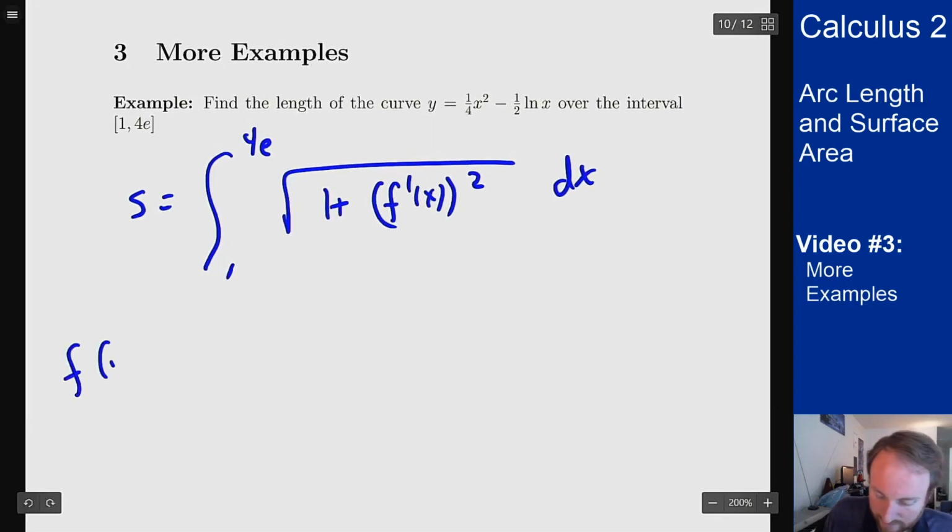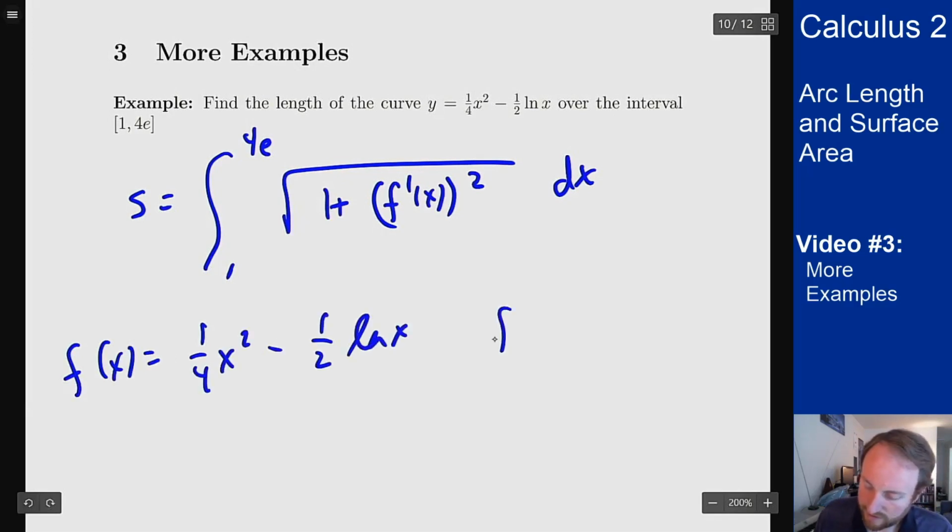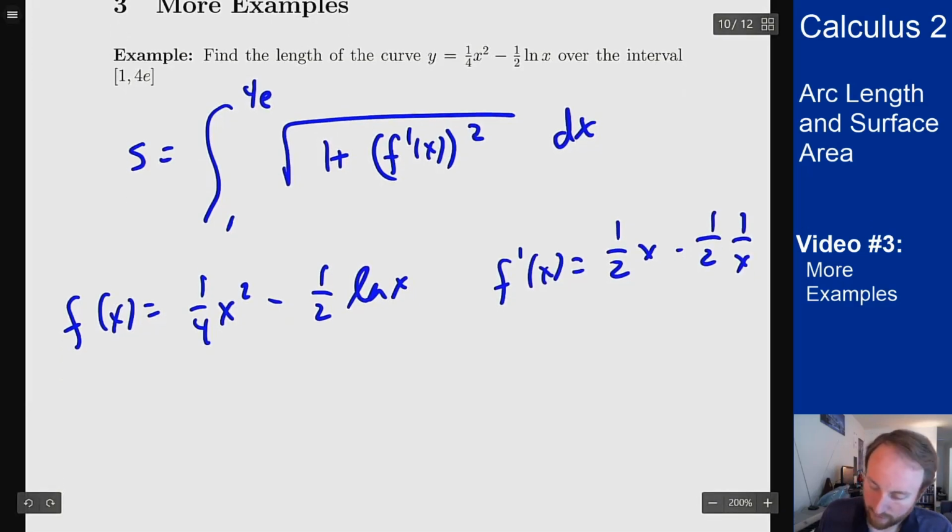So f of x is 1/4 x squared minus 1/2 log of x, which means f prime of x is 1/2 x minus 1/2 times 1 over x. Then f prime squared is just normal foiling things out: 1/4 x squared.